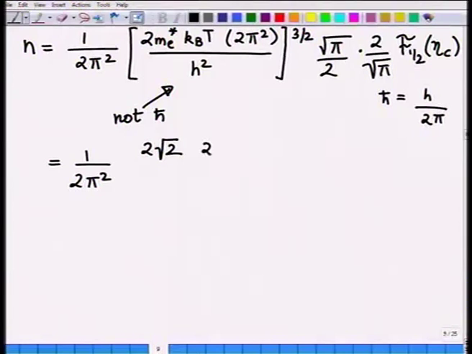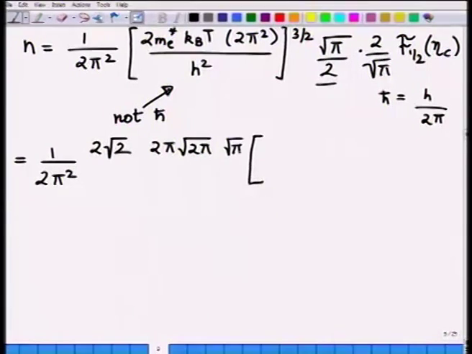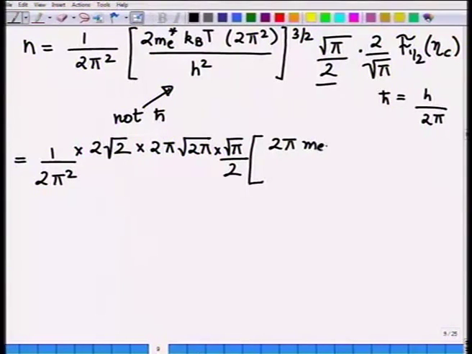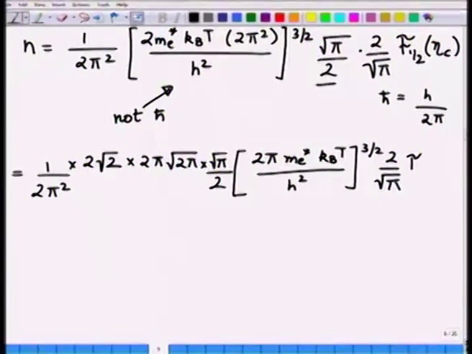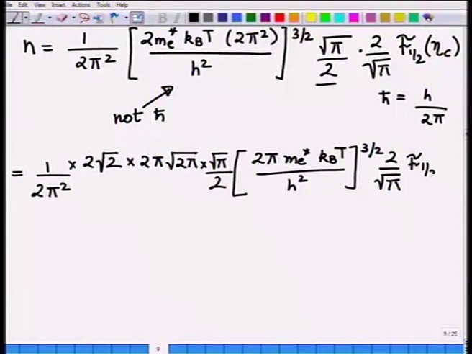So, I am going to write 2 pi and the square root of 2 pi one more time here, in a bracket, and take also square root of pi divided by 2. I am doing all this multiplication, and I am going to write here now 2 pi m e star k b t by h square to power 3 by 2, 2 by root pi F half eta c.